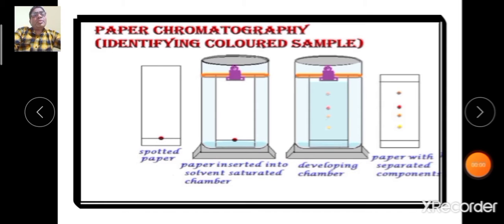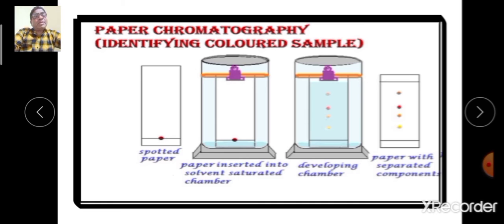In the paper chromatography technique, the Whatman paper is cut to the required size, and from one edge of the paper the reference line is drawn with an HB pencil. The reference line is also called the line of application, where the sample of the mixture is spotted using a fine capillary.